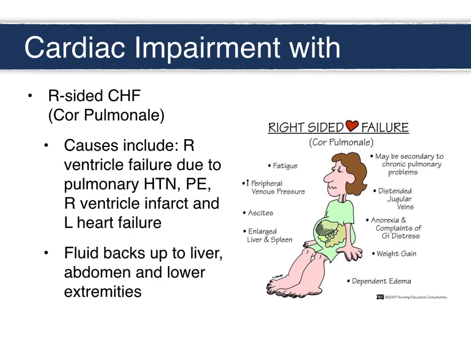So if we think about right-sided heart failure. Sorry, let's start with right-sided heart failure. This is also called cor pulmonale. With right-sided heart failure, this could be due to right ventricular failure. So think about our anatomy here, and we think about pulmonary hypertension, or we think about a pulmonary embolus.